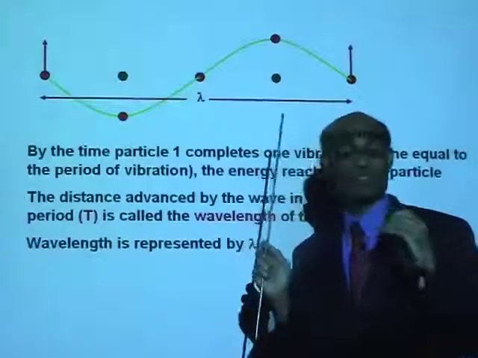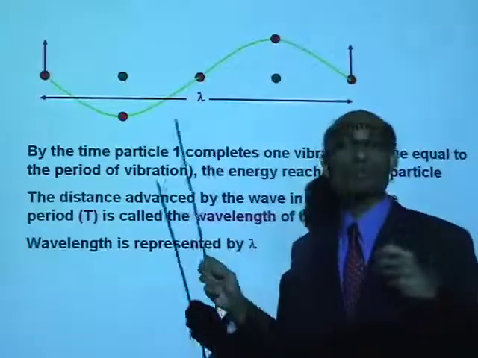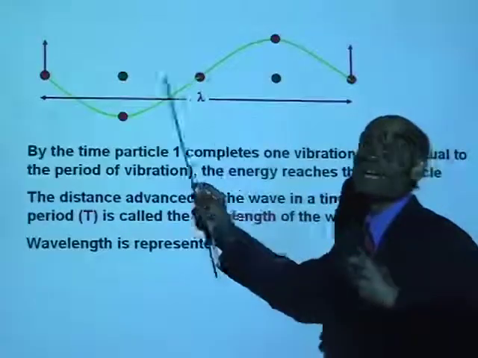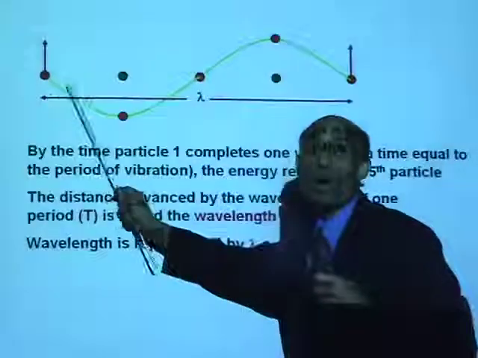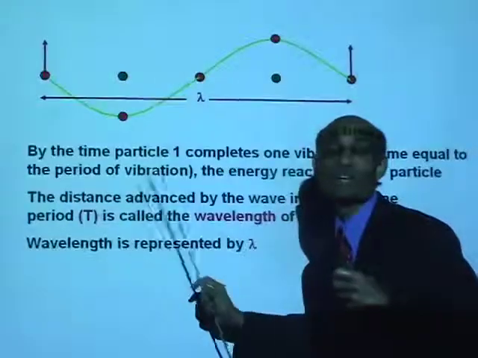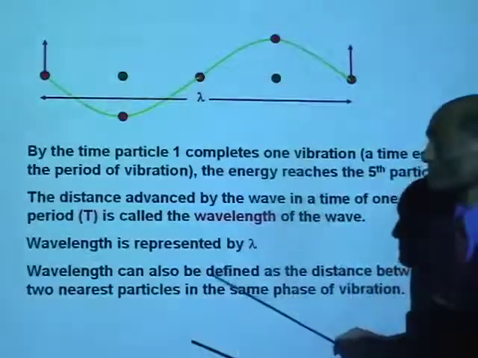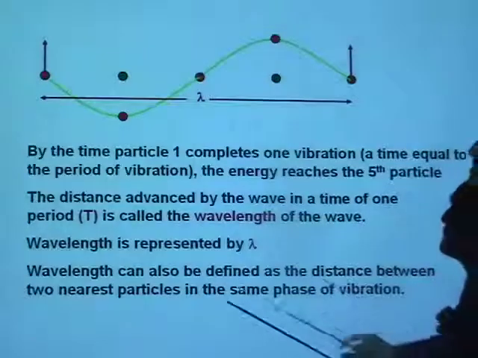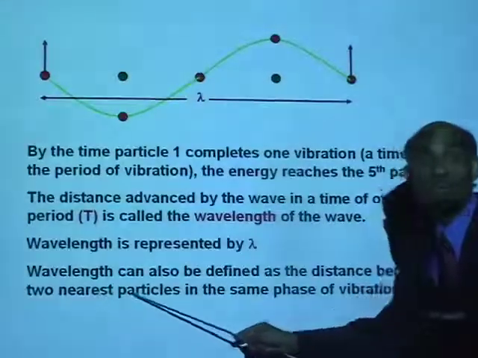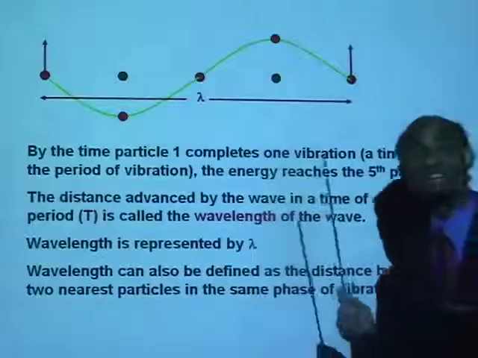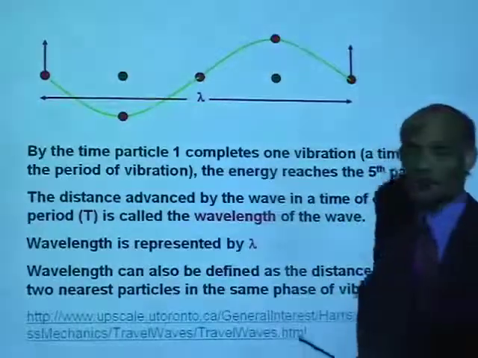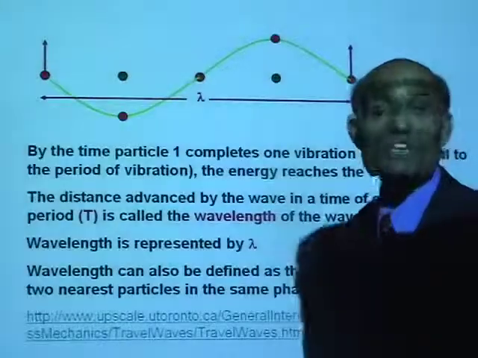Another definition, or the basic definition, of wavelength is the distance advanced by the wave during a time of one period. So, wavelength can also be defined as the distance between two nearest particles in the same phase of vibration. Alright, now, that is the concept.